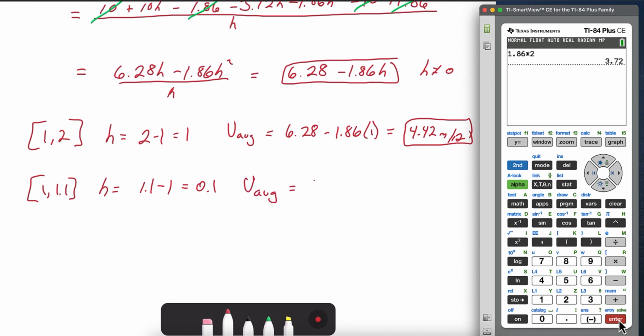Average velocity here will be 6.28 minus 1.86 times 0.1. That gives us 6.094 meters per second.